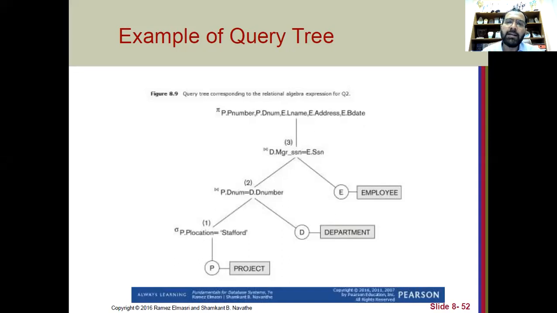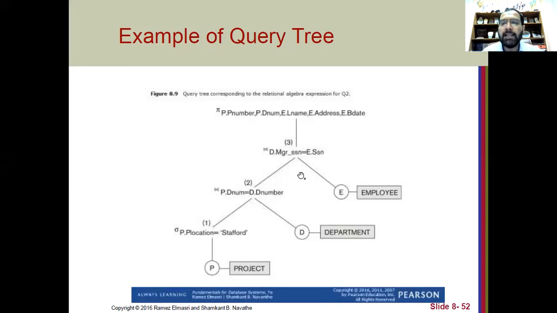Here P.Pnumber, P.Dnumber, E.Lname, E.Address, and E.Bdate are the attributes involved in this expression. And here you can see a very small sign, but you can easily recognize that it is a join operator, with the theta condition where D.Mgr_ssn is equal to E.Ssn.